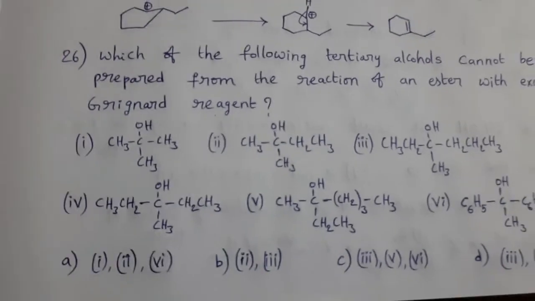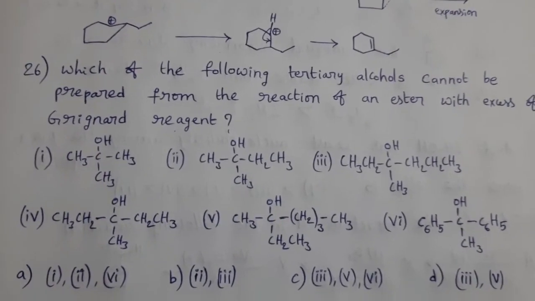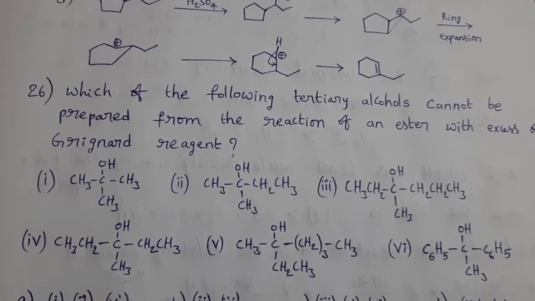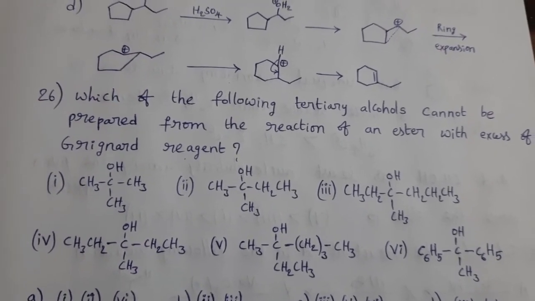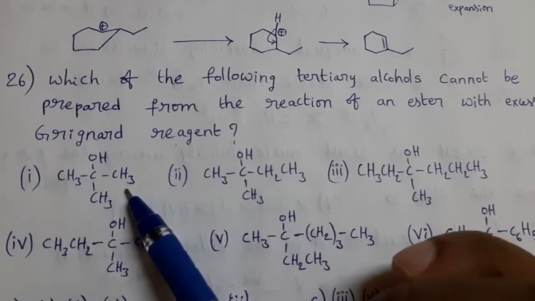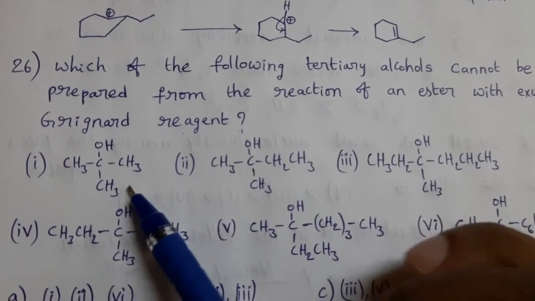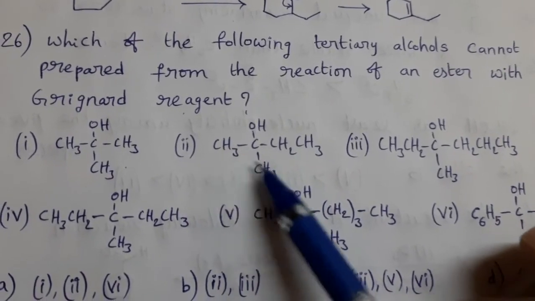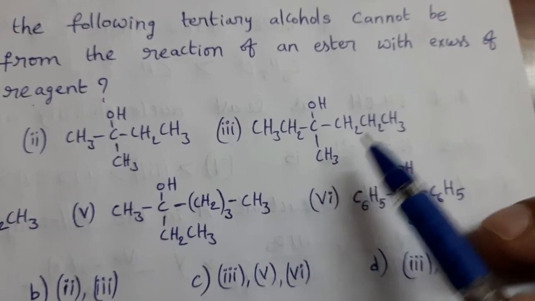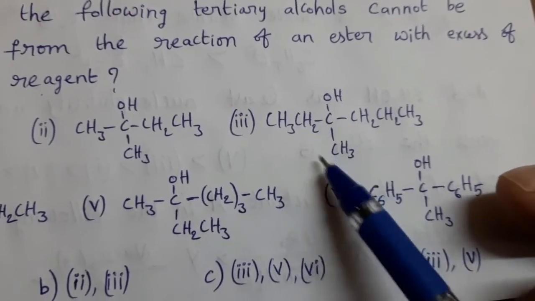Now in the given 6 compounds, which compound having 3 different alkyl groups, that compound cannot be prepared by this reaction, ester with excess of Grignard reagent. All the 3 alkyl groups are same, this compound can be prepared. 2 alkyl groups are same, it can be prepared. Here ethyl, methyl, propyl, all the 3 alkyl groups are different.